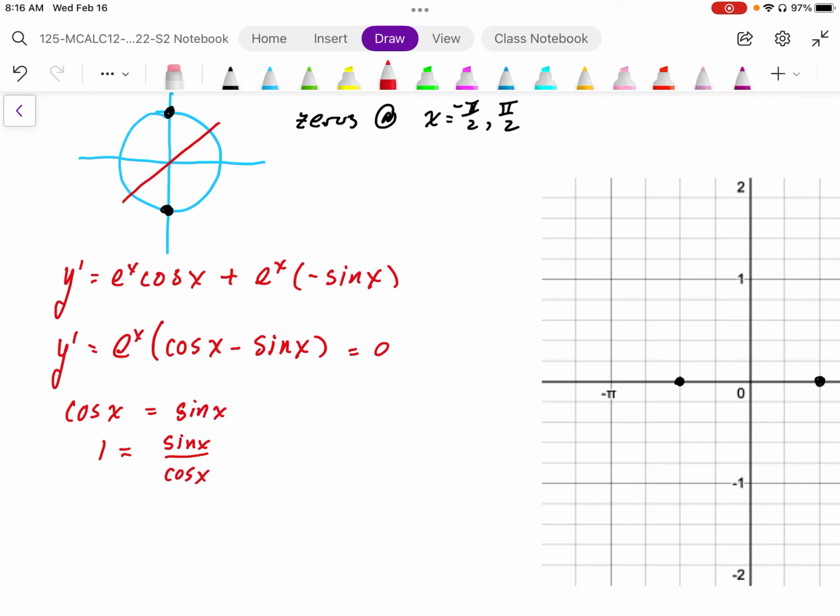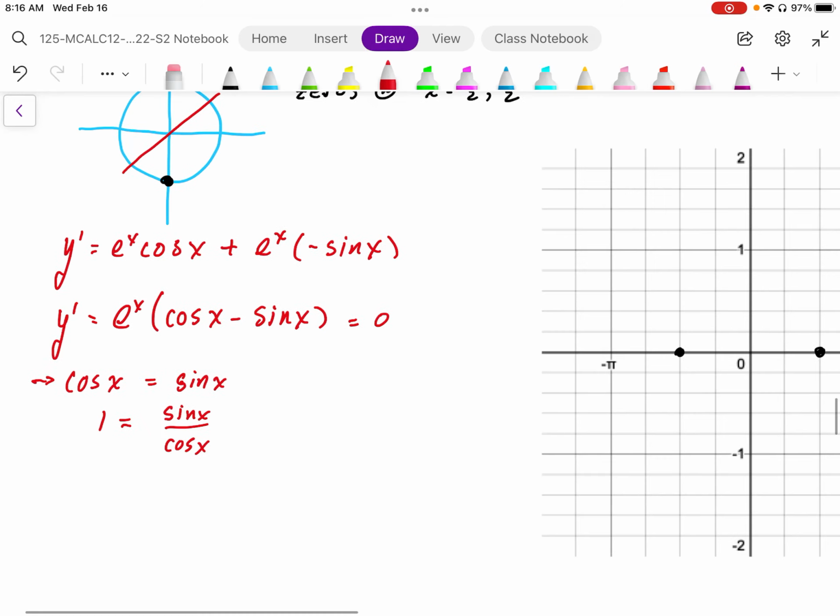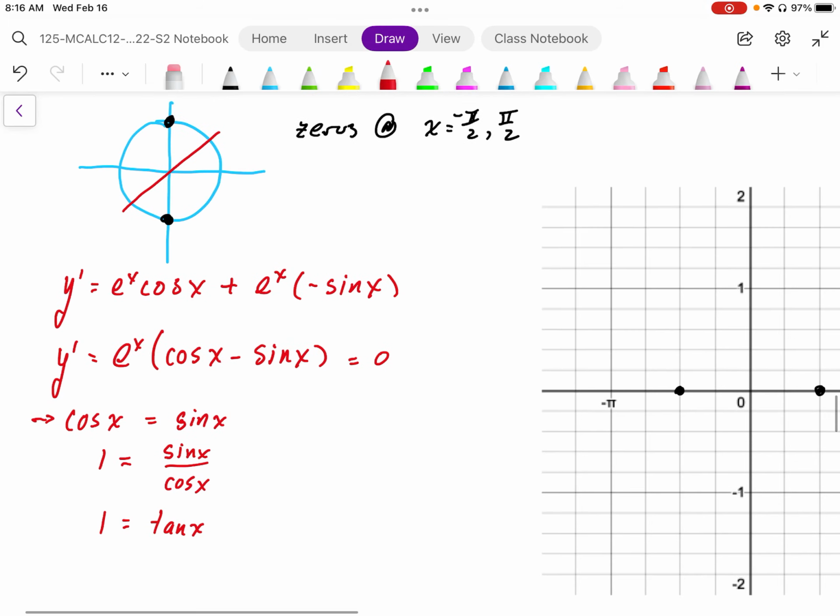Now, we could have interpreted this equation and just said, when are the sine and cos the same? It's going to be the same in quadrants 1 and 3 at 45 degrees and 225 degrees. But we can actually solve this algebraically as well, because sine over cos is equal to tan x. So where is tan x equal to 1?